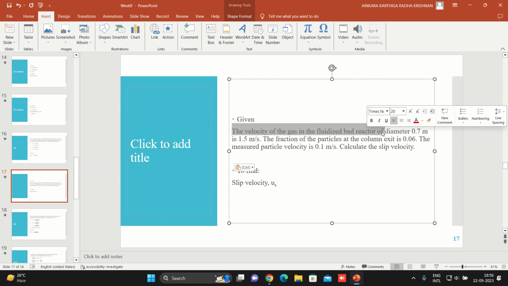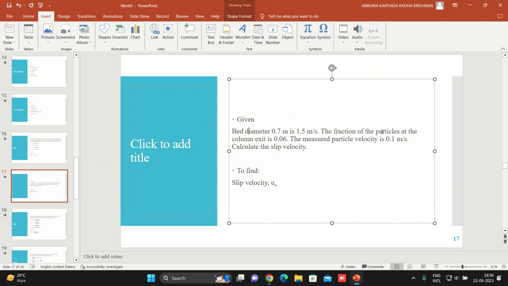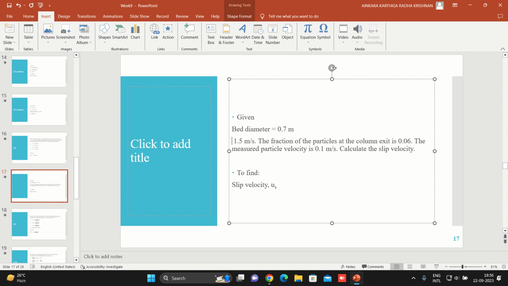Bed diameter is given. Bed diameter is 0.7 meter. We are given gas velocity, so it is UG equal to 1.5 meter per second.